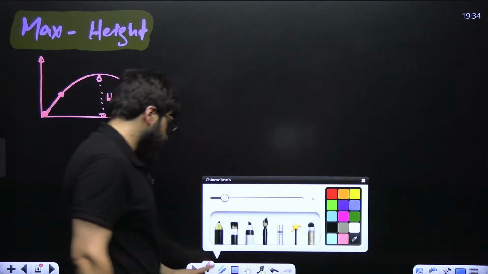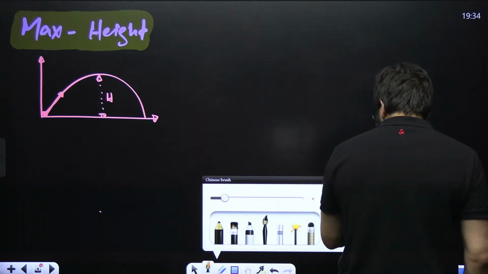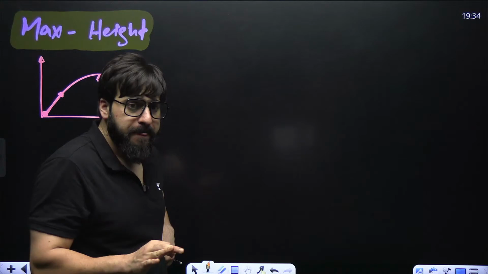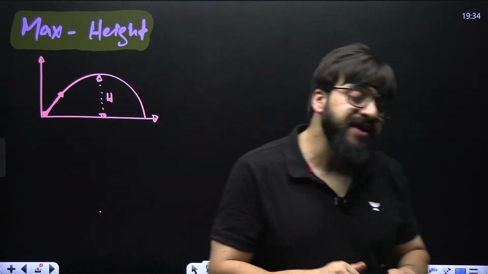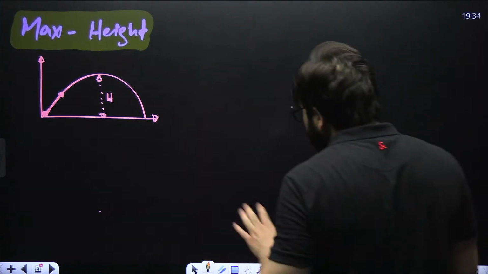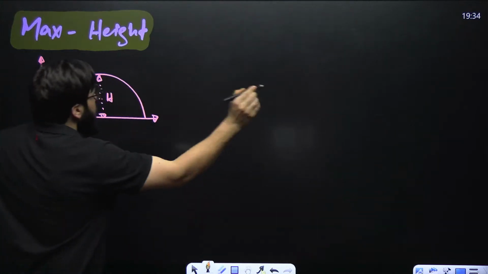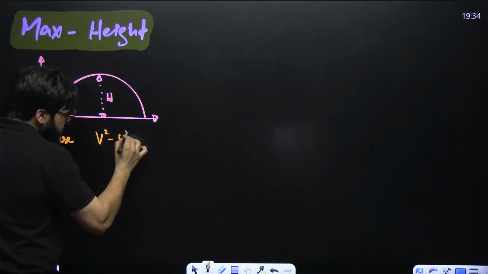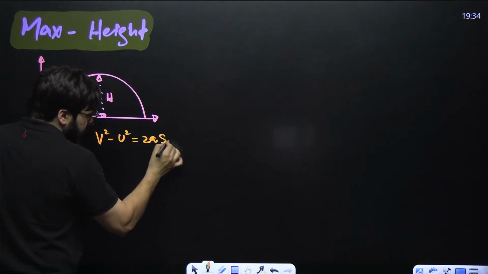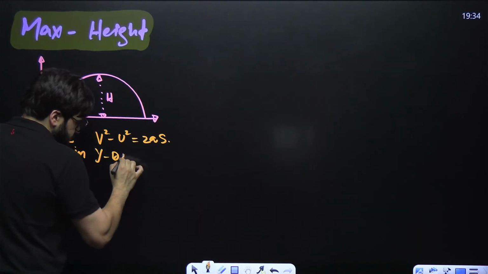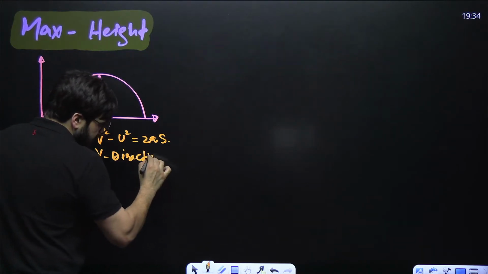Now guys, tell me one thing. In order to find the maximum height, I would want you to use the equation once again in the y direction. Why, sir? Because you are finding the displacement in the y direction. So guys, I say use v square minus u square is equal to 2as in the y direction.